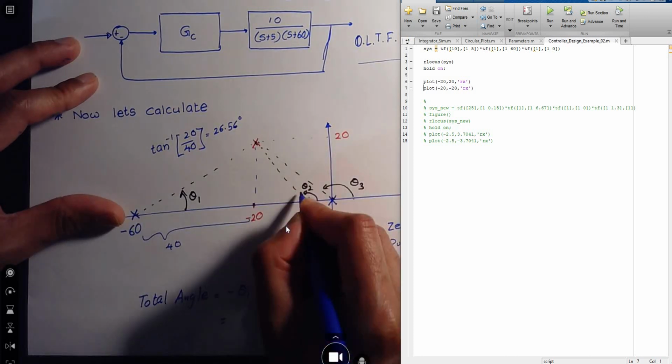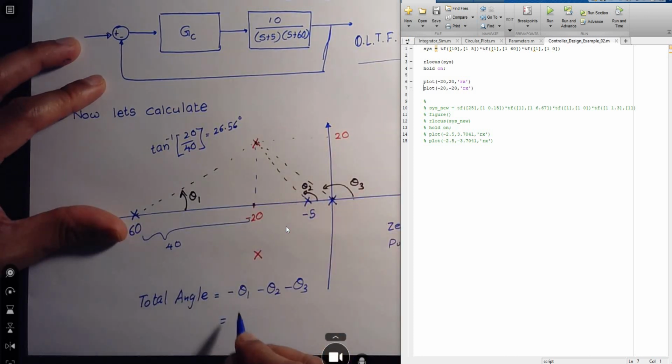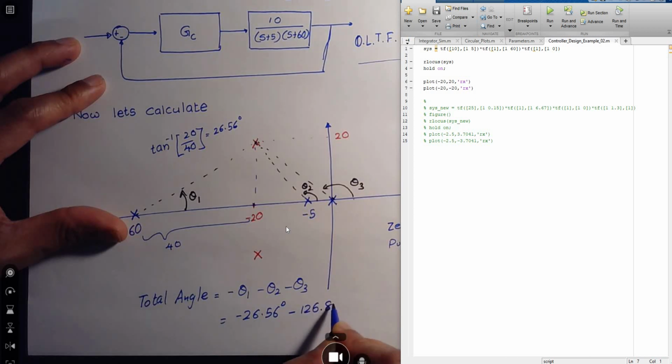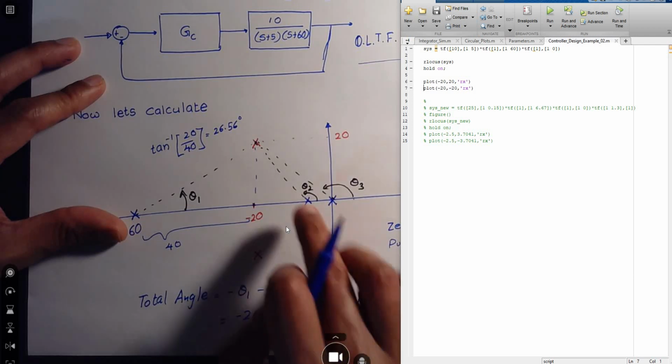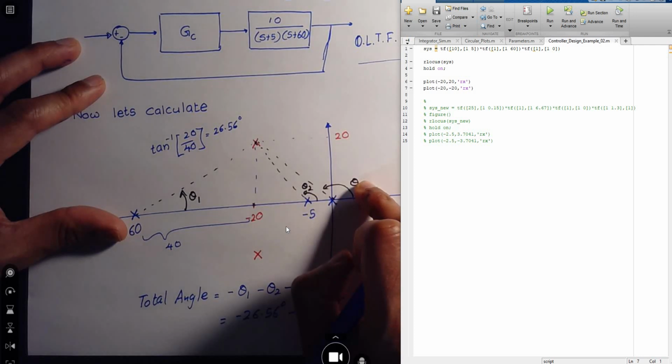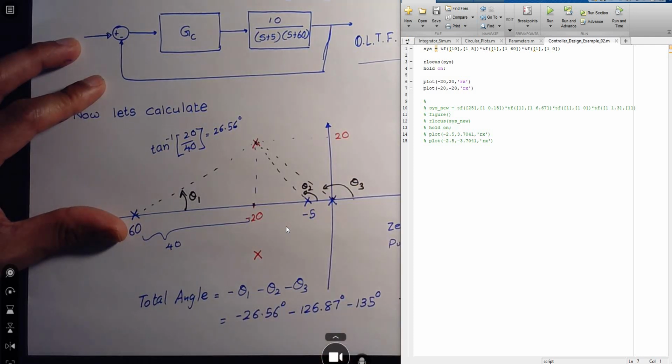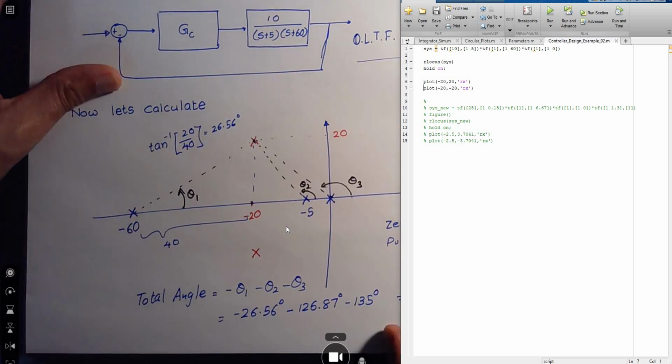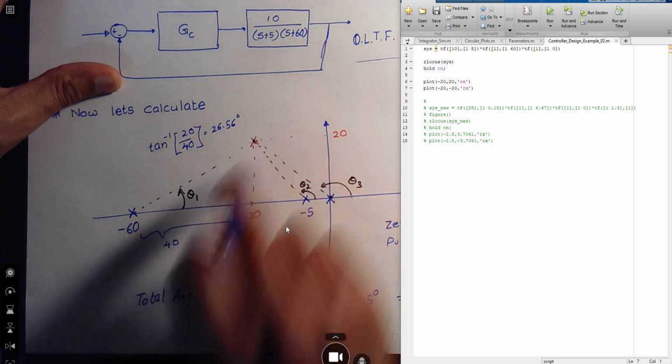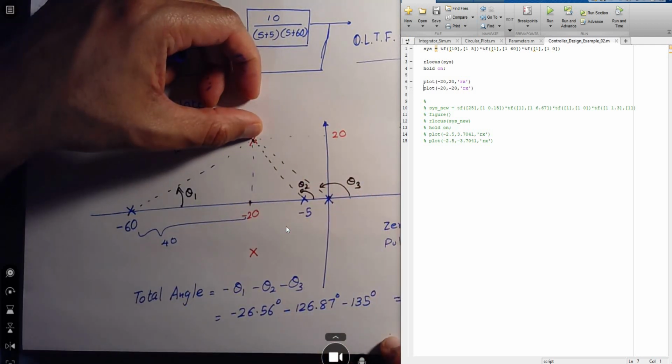Likewise, you can calculate all three angles, and if you do that, you should get negative 26.56 degrees, negative 126.87 degrees, and 135 degrees. This is 126, this is 135. When you sum them all up, we should get negative 288.43 degrees. That's the total angle contribution from the poles considering this point in the S-plane.